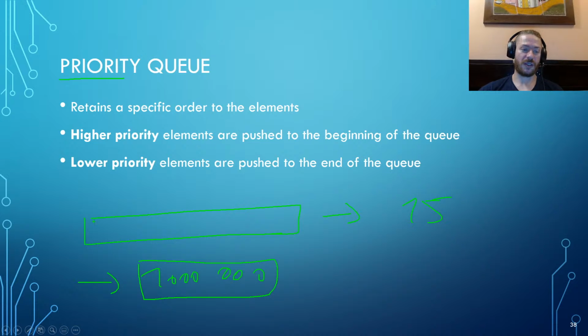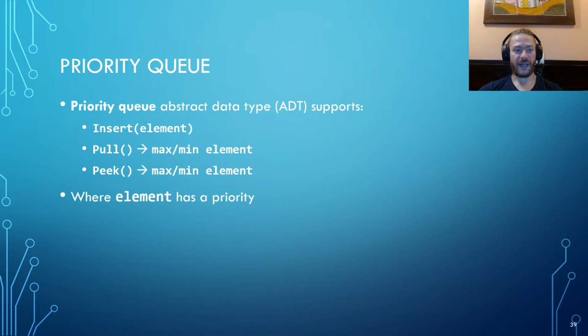That's not efficient. So the most important part here is to have an efficient way to store the priority. One of the ways to implement priority queues is with a heap. We're going to see what a heap is in a minute, and it's related to a tree. It's very compact and can be stored in a simple array.